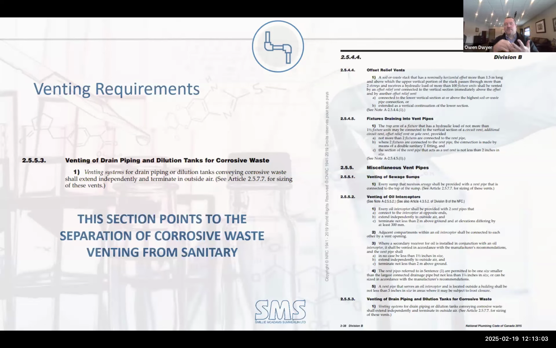And the reason for that is if you don't use corrosive waste vent materials and you tie into cast or copper or something that is not corrosion resistant, that corrosive vapor will condense again from a vapor into a liquid. And now I have a corrosive waste liquid that will corrode your vent piping as well. So these systems are independent on the DWV side as well as the vent, independently venting through roof termination.